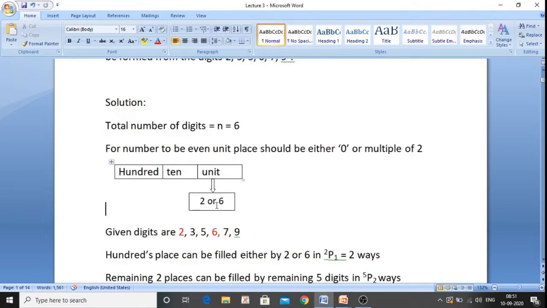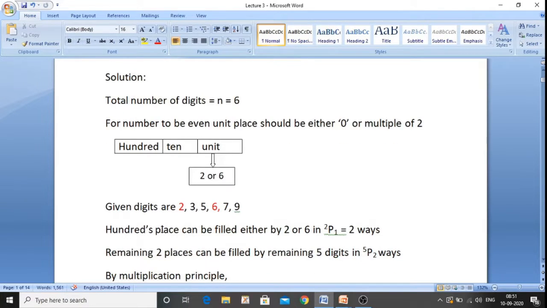So places are 1 and digits are 2. So the unit place can be filled either by 2 or 6 in 2P1 ways, that is equal to 2 ways. Now remaining are the hundreds and tens places. So remaining 2 places can be filled by, how many digits will remain? Total we have 6. Out of that 1 will be filled in the unit place.